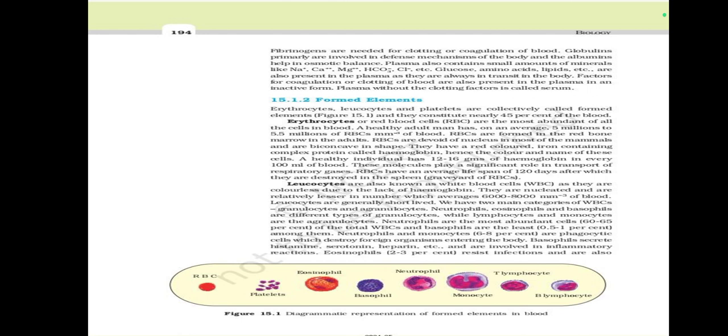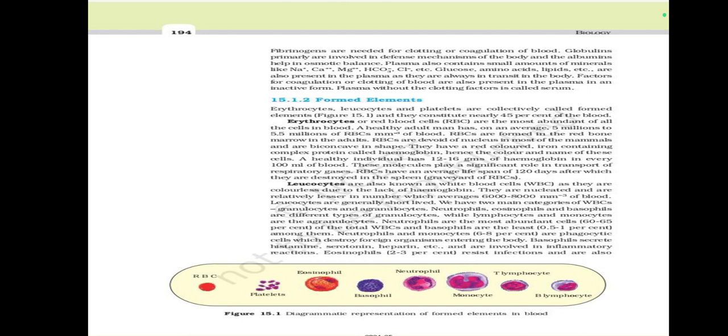The spleen is the graveyard of RBCs. Leukocytes are also known as white blood cells, WBC, as they are colorless due to the lack of hemoglobin. They are nucleated and are relatively lesser in number, which averages 6,000 to 8,000 per cubic millimeter of blood.